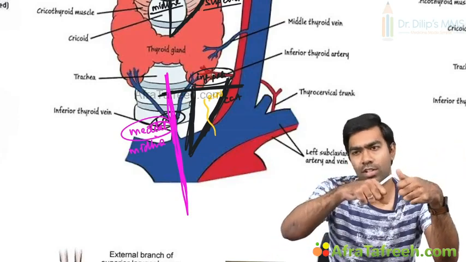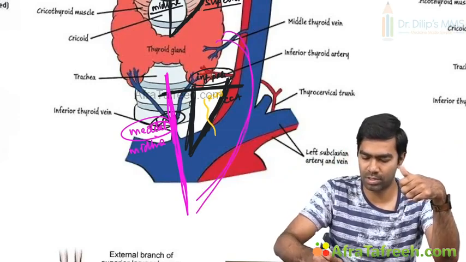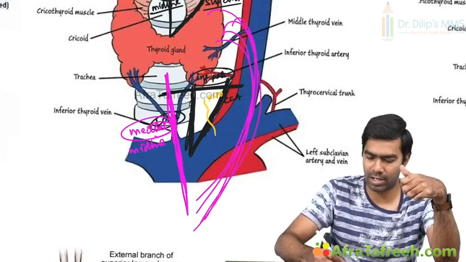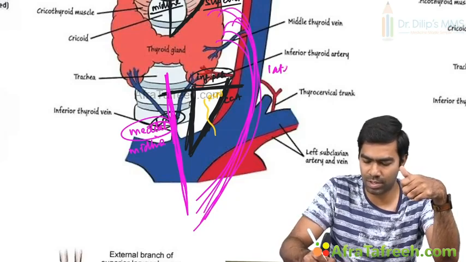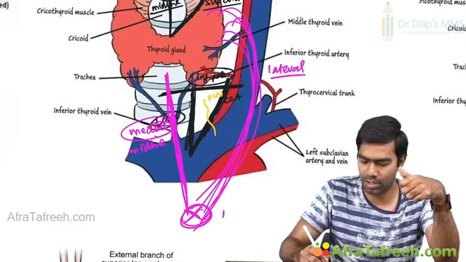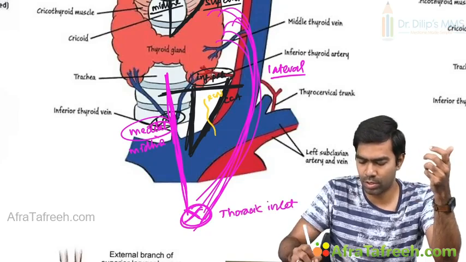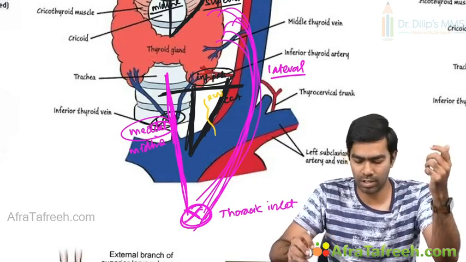Usually during thyroid surgery, you are going to retract the strap muscles. So the retracted portion of the strap muscles will be forming the lateral area, and the apex of the triangle will be formed by the thoracic outlet or thoracic inlet, you can call it either way. So this is going to form the apex of the triangle.